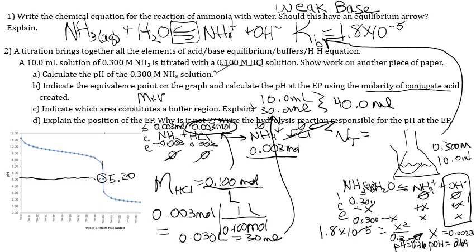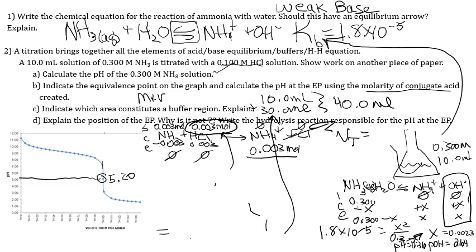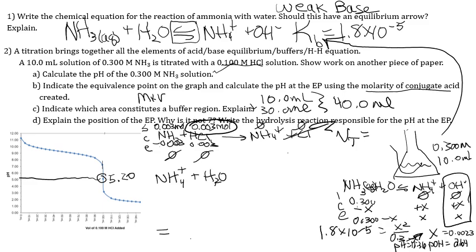So let me get rid of all this stuff, because since we're at the equivalence point, I now have a new scenario, and the only thing in the bucket now is the ammonium that I created by the titration or the neutralization. Now this ammonium is going to react with water, and we are going to get ammonia plus hydronium, which is going to give us a certain pH.